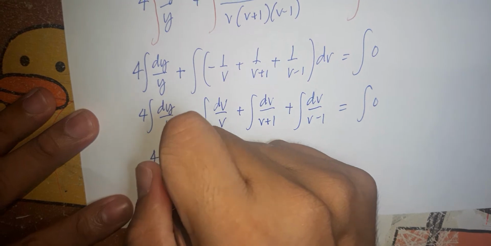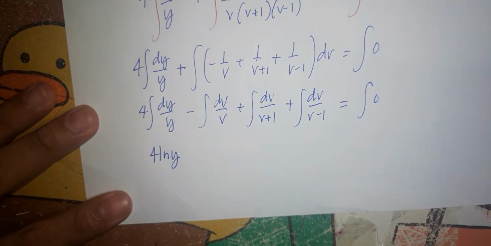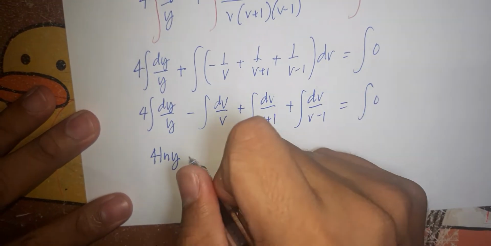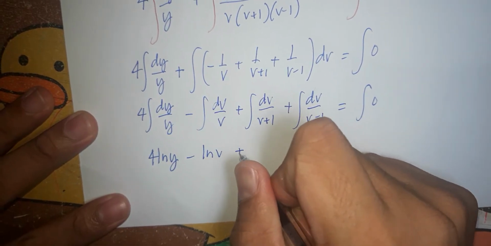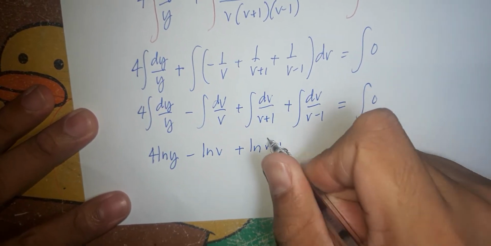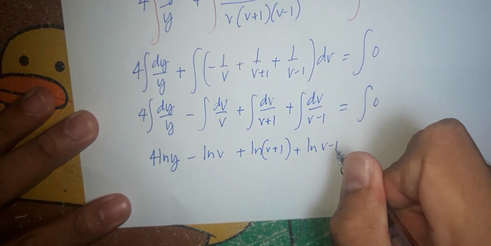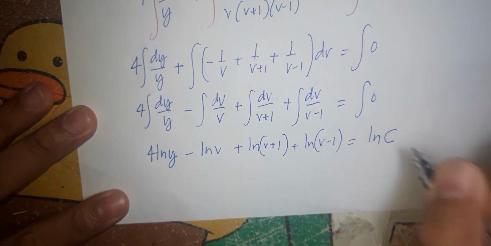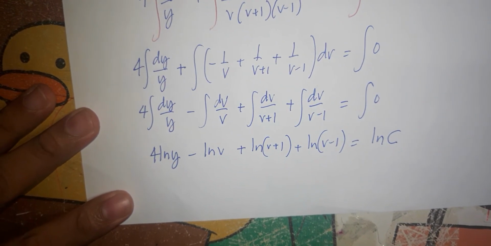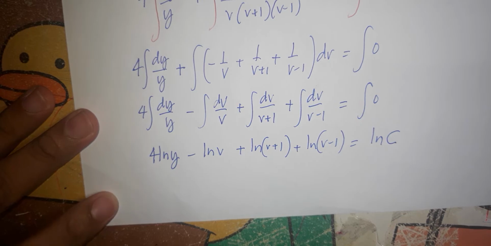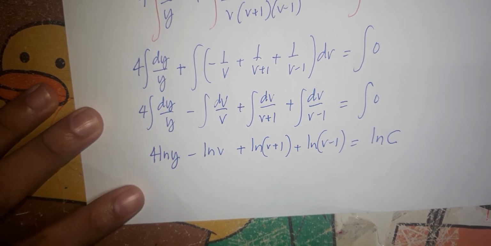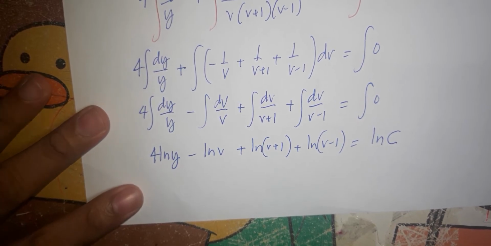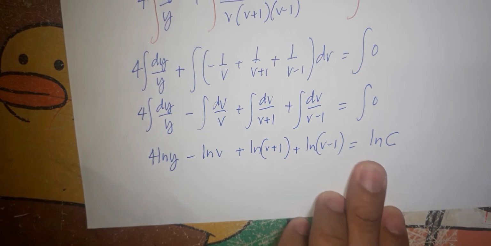So this gives you 4 ln y minus ln v plus ln v plus 1 plus ln v minus 1 is equal to ln c. So ln of a constant is still a constant. So again, for easy na ma-simplify natin siya, pwede natin siyang lagyan ng ln.